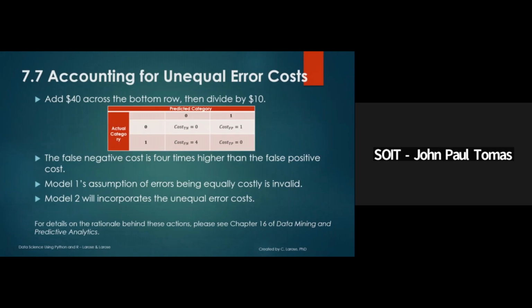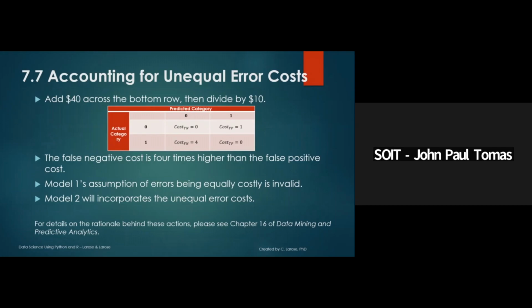The false negative cost is four times higher than the false positive cost. So for model 1, the assumption of errors being equally costly is actually invalid. So we will be creating another model, model 2, which will incorporate unequal error cost later on.